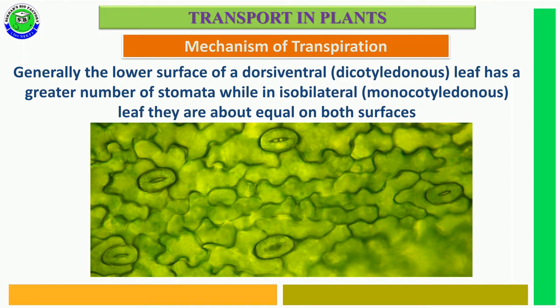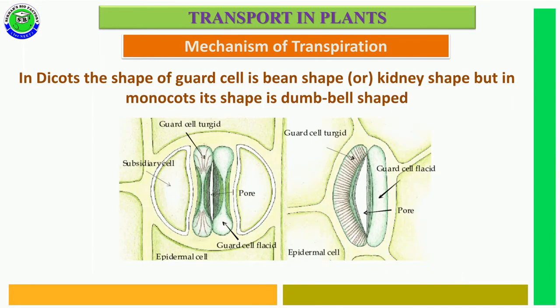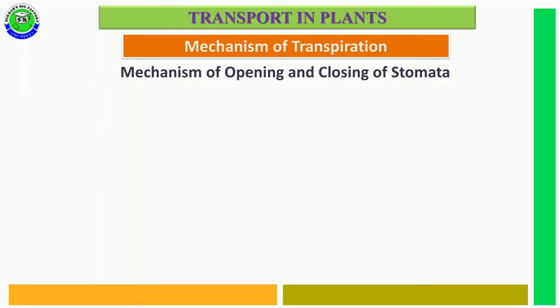But in an isobilateral or monocot leaf, there are equal numbers of stomata on both sides. In dicotyledon plants, the shape of the guard cell is either bean shape or kidney shape, but monocots have dumbbell shaped guard cells.